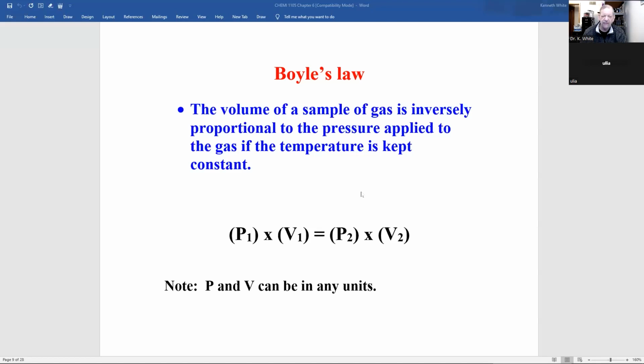Well, the first one I want to talk about, and these are called gas laws. A gas law is something that's always, always true. So if we look here, we have Boyle's law. Boyle was an English chemist who studied gases because it was lucrative, money.